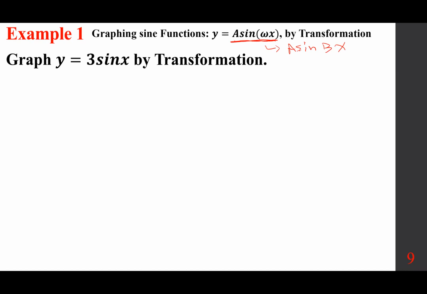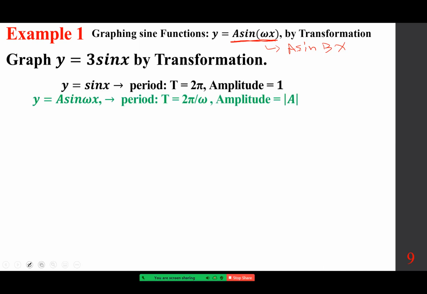With that being the case, we notice that the regular y equals sine x, the basic sine function, has T equal to 2 pi and amplitude 1. Amplitude is the absolute value of a, and the period is T equals 2 pi over omega.